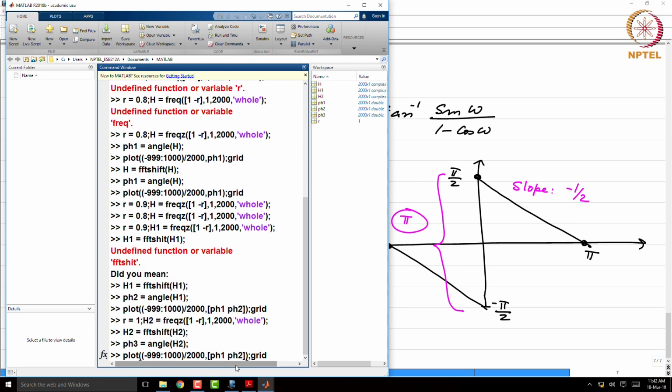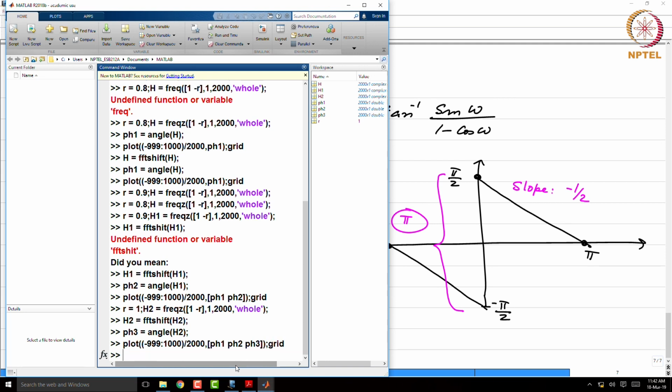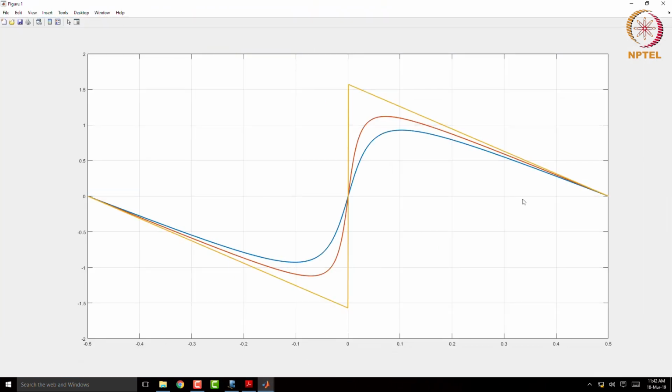now let me add this. Now, you see exactly what was discussed is now being verified numerically.